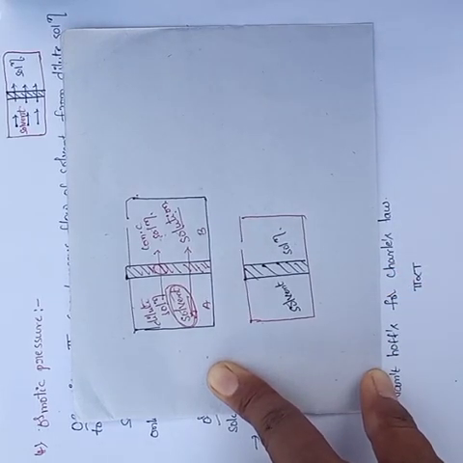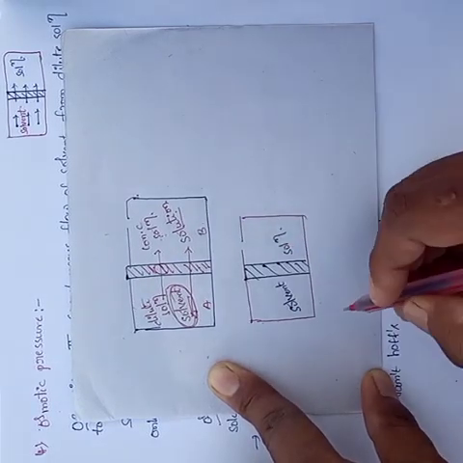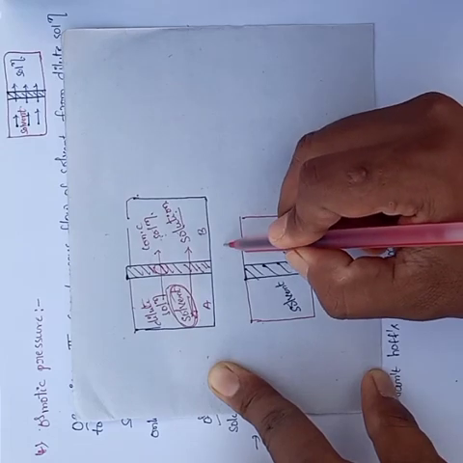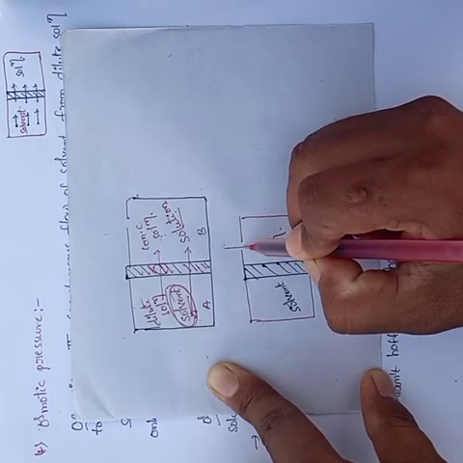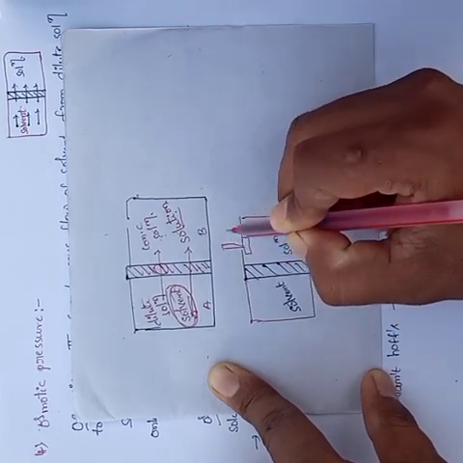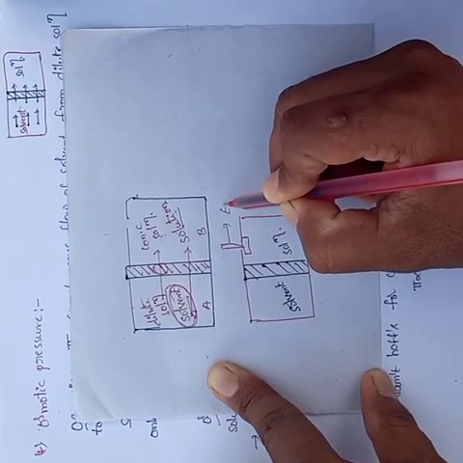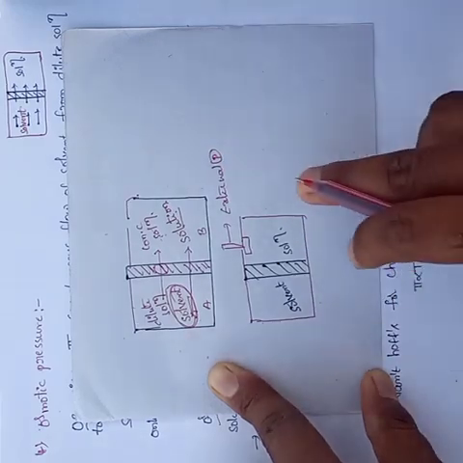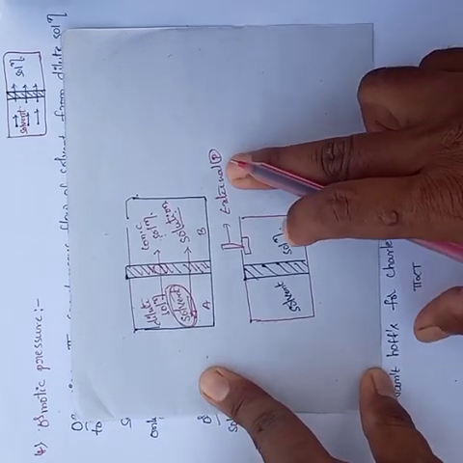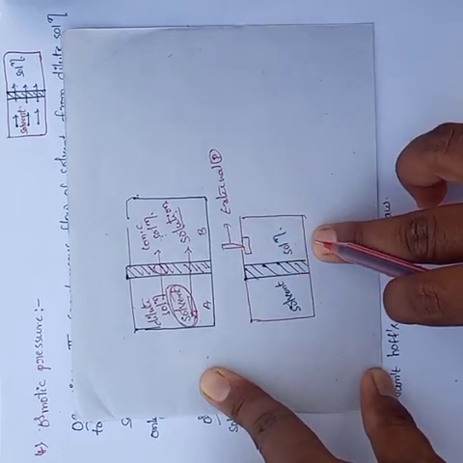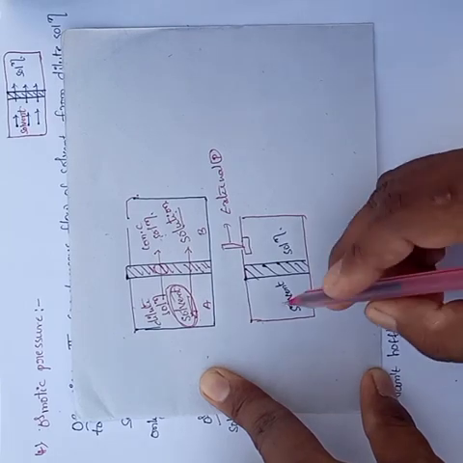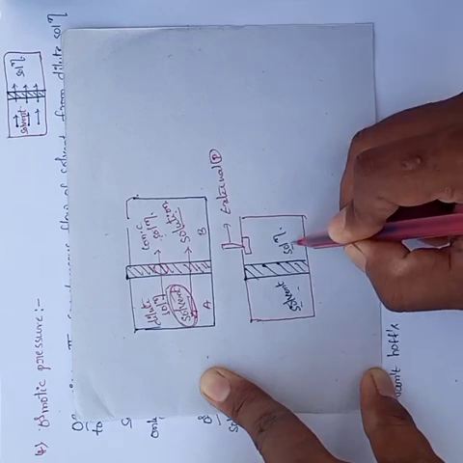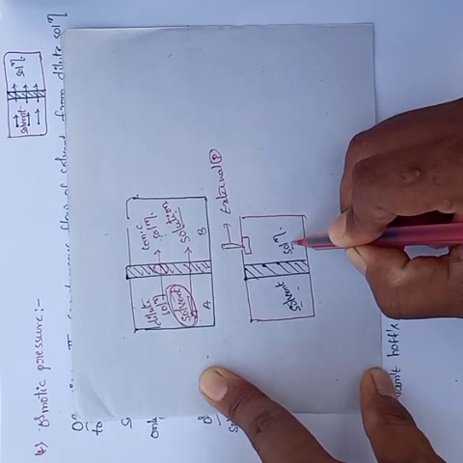Osmotic pressure means the pressure that is required or applied. For example, here a piston is there. Through this piston we have to apply external force or external pressure. The external pressure required just to stop the inflow of solvent molecules into this solution is known as the osmotic pressure.